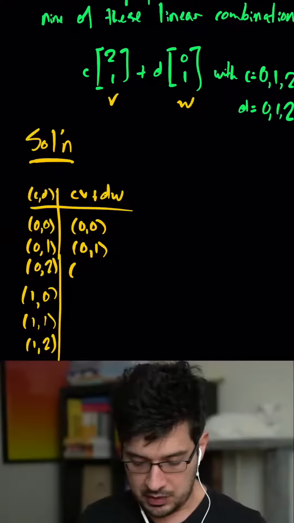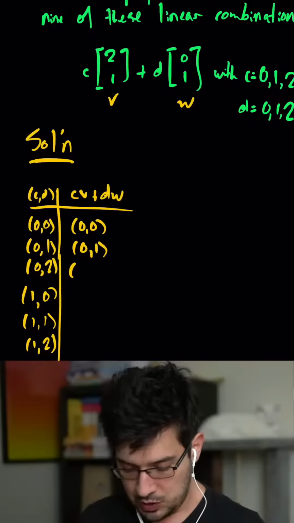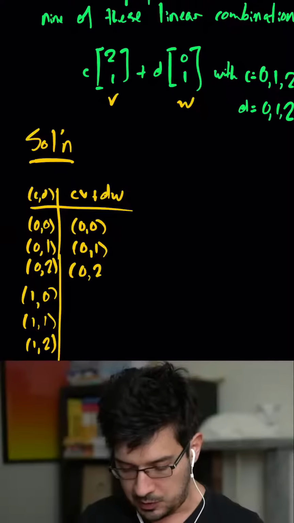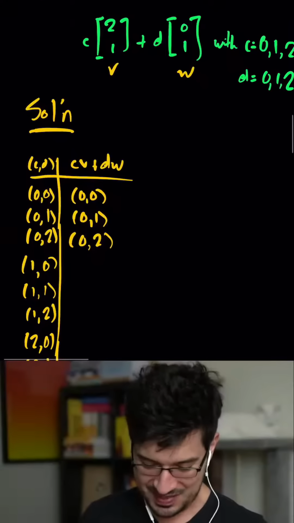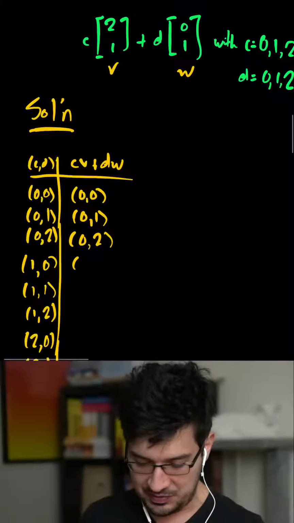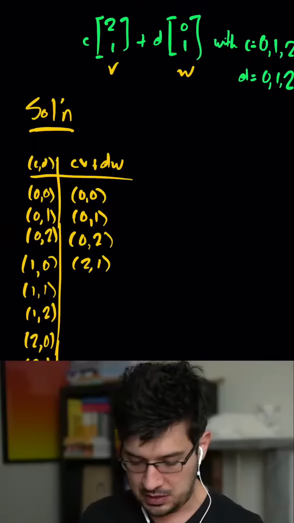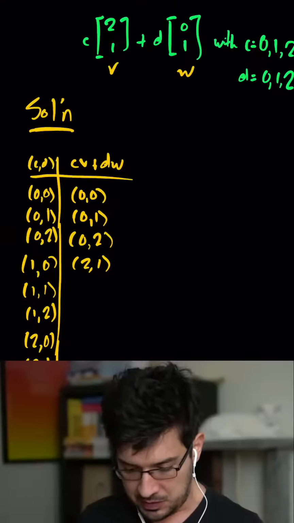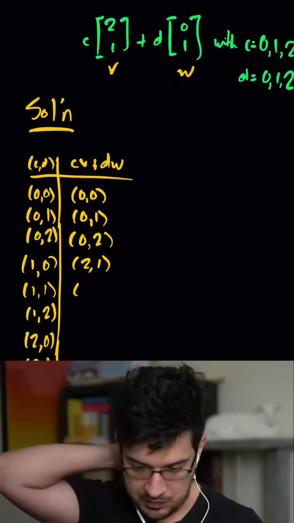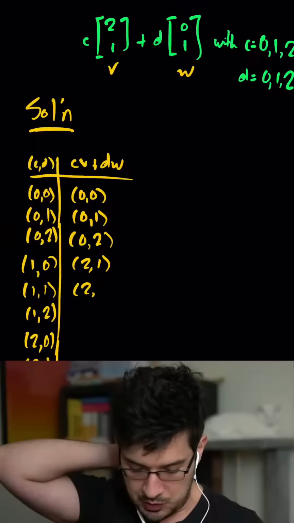If C is 0 and D is 2, then we're going to double W, and then we're getting 0, 2. Now, if C is 1 and D is 0, we get 2, 1. If C is 1 and D is 1, if we add the two together, this is the first one where they're combining. We've got 2, 2.